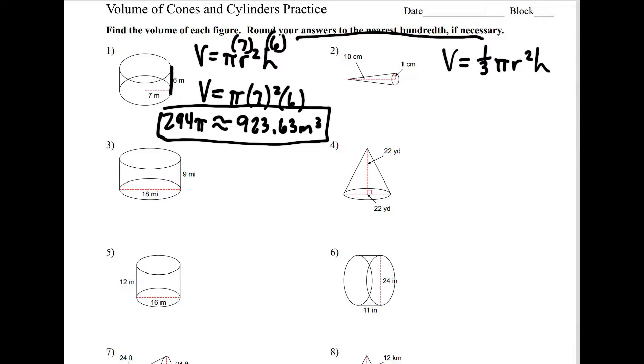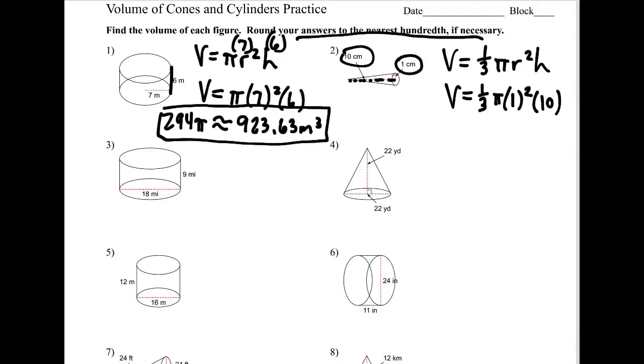Alright, so first identify that they give us the radius, which is 1 centimeter. And although it's on its side, we consider the length, or what gives the circle depth, to be the height. So the 10 that they're pointing to, that is our height. It's just kind of a cone on its side. So we have volume equals 1/3 pi, radius is 1, squared times a height of 10.